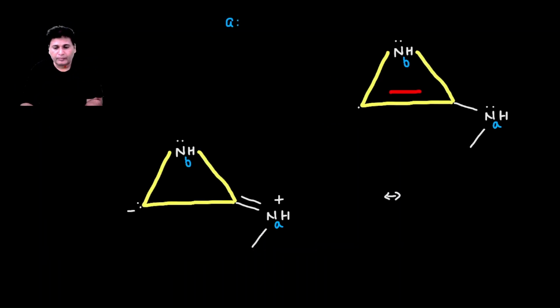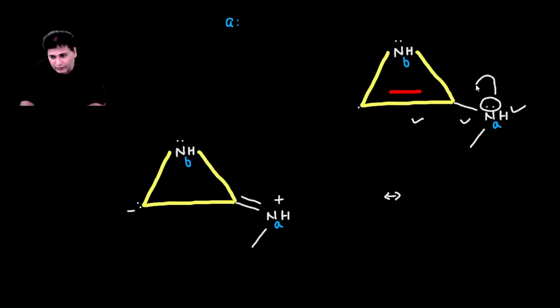Now let us try nitrogen A, and we'll see the availability of electrons. Once you see nitrogen A, you find that there is a lone pair, and this lone pair is not isolated because it is in conjugation. How? Lone pair, single, double, and because of the presence of delocalization, it will get delocalized.